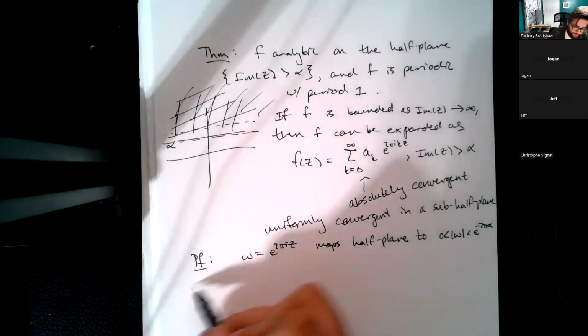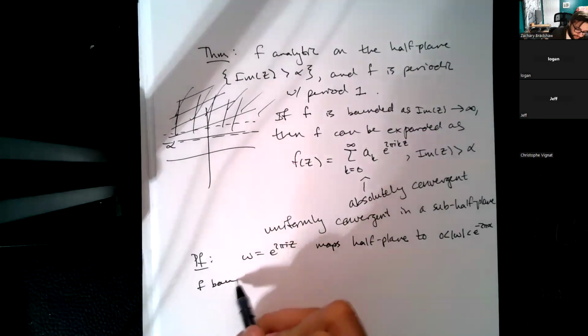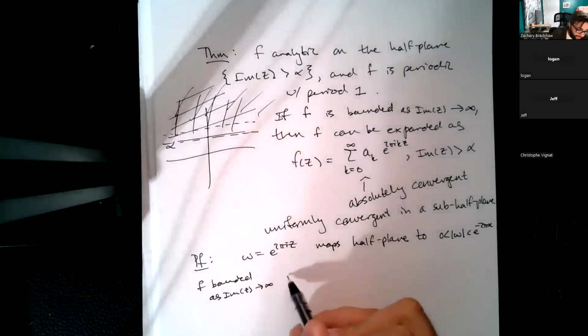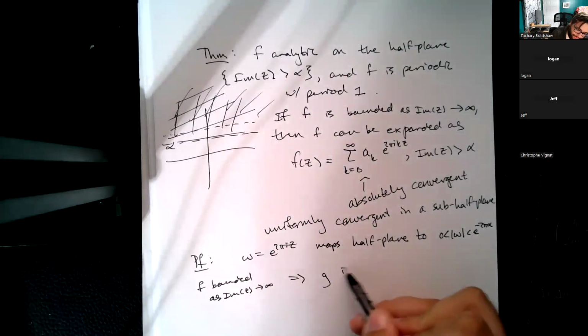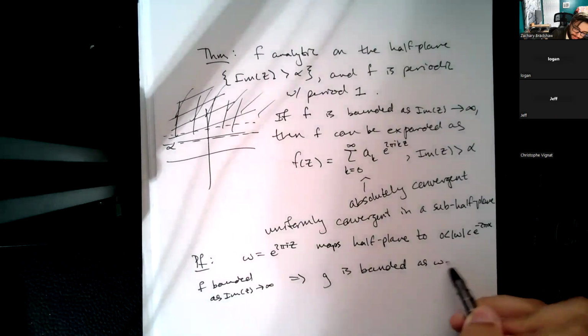And now f being bounded as imaginary part of z goes to infinity tells us that g is bounded as omega goes to 0.